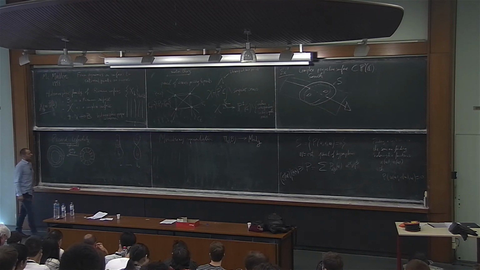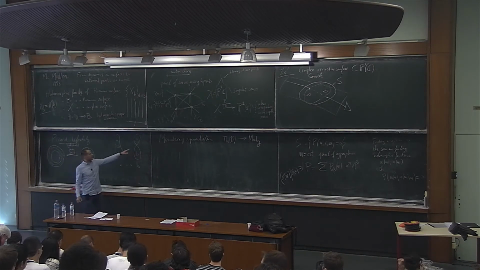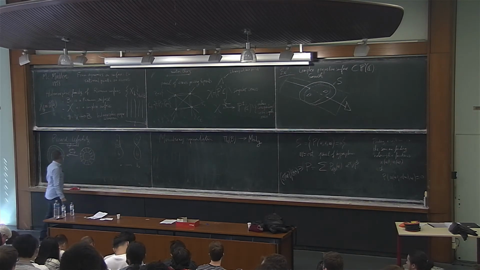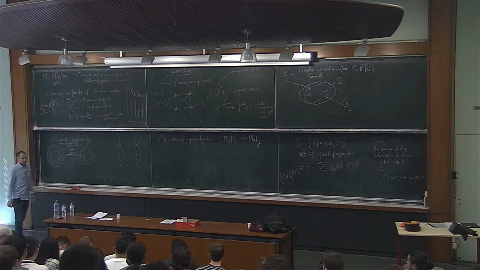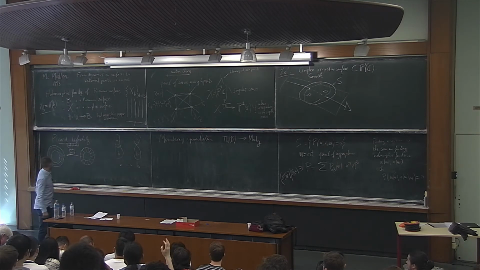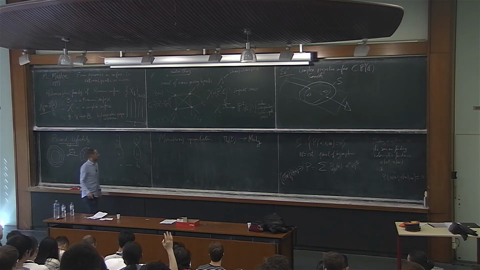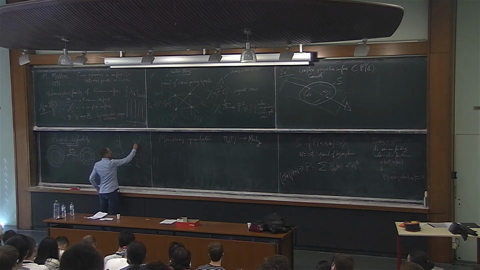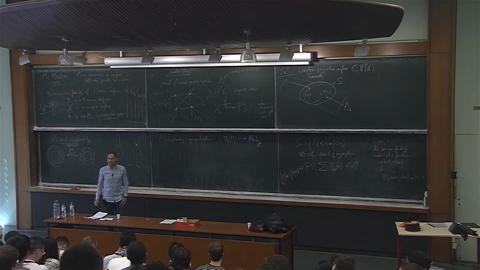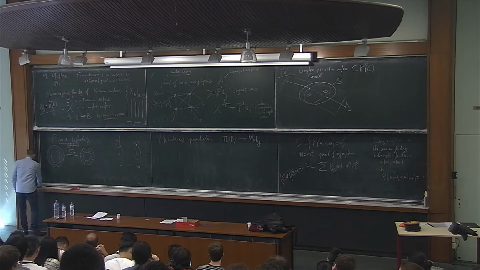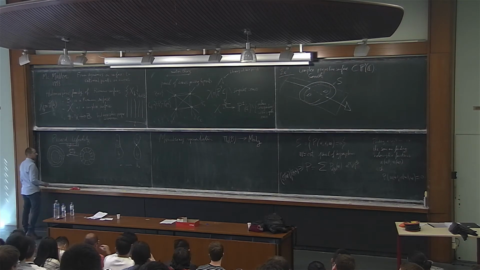You mean the type of the singular points? Yeah, in fact, you are right. To get this statement, you have to assume that in some sense this singular fiber is non-degenerate. You're right, it was not very precise here.